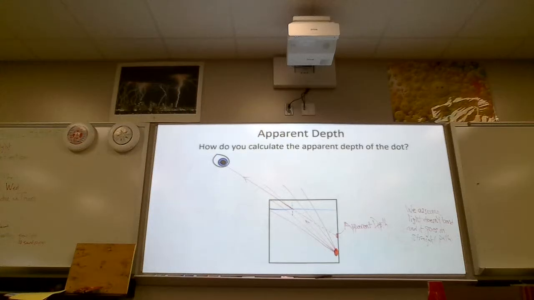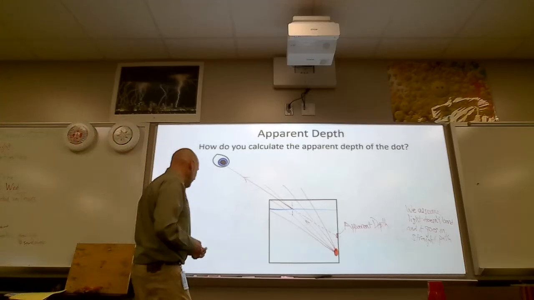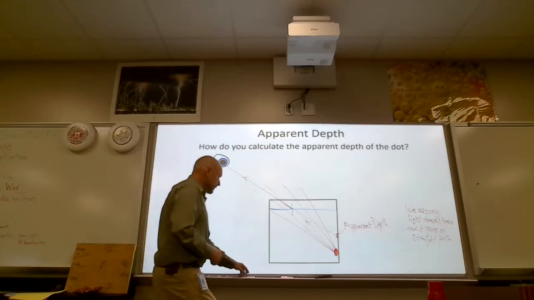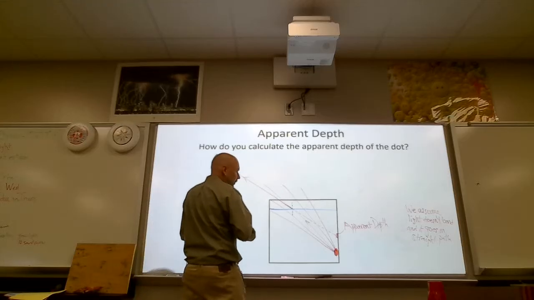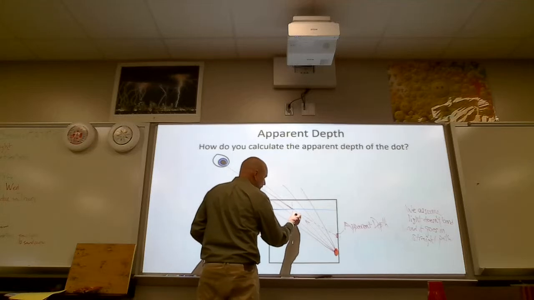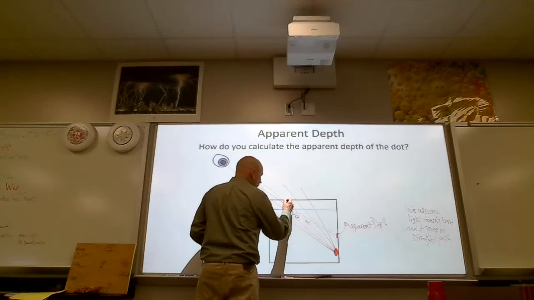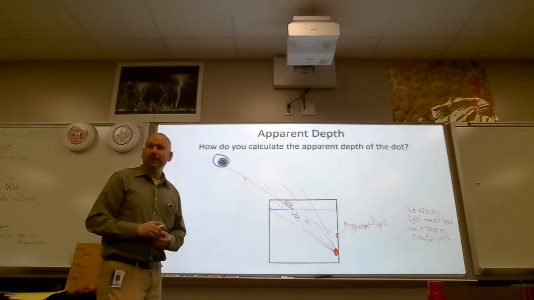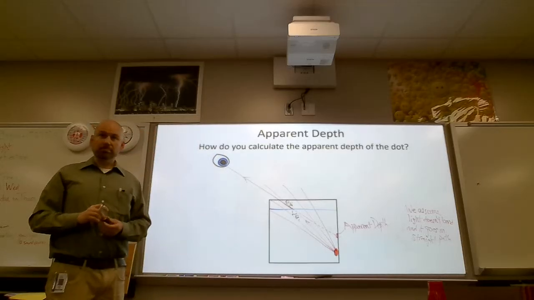On the homework, I'm going to ask you to calculate the apparent depth. Okay? This is a little bit of an involved problem. It requires a lot of steps, but no one step is crazy. Okay? The first step would be to look at the angle of incidence compared to the angle of refraction, doing Snell's law. Okay with that?